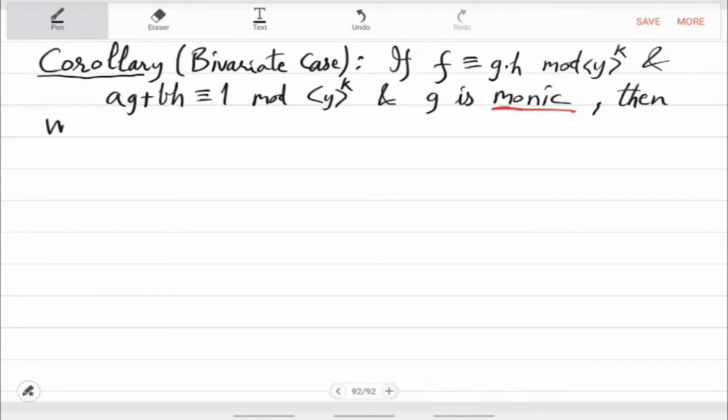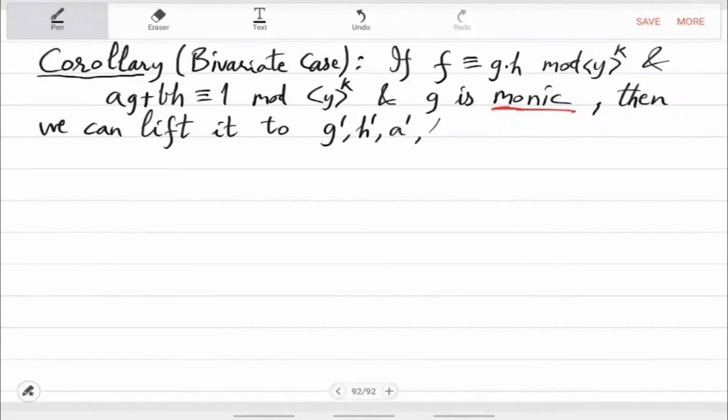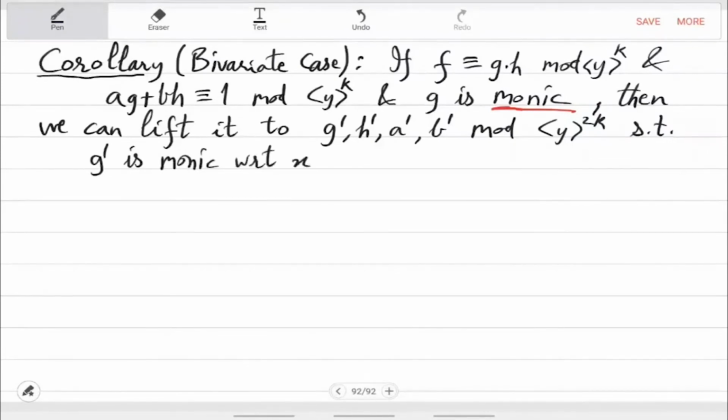So then we can lift it to g prime, h prime, a prime, b prime mod y raised to 2k such that g prime is monic with respect to x and it is unique.